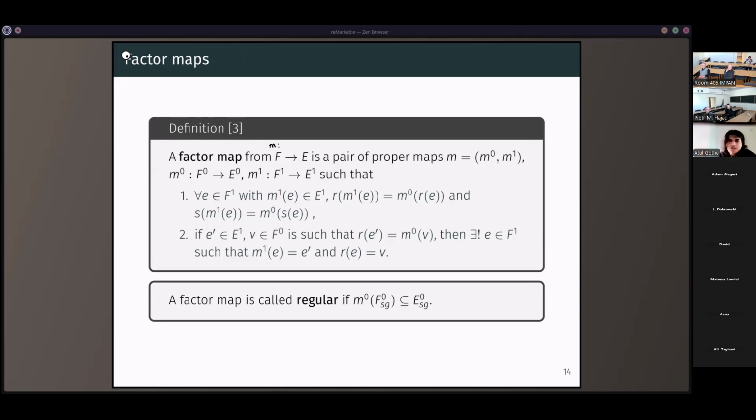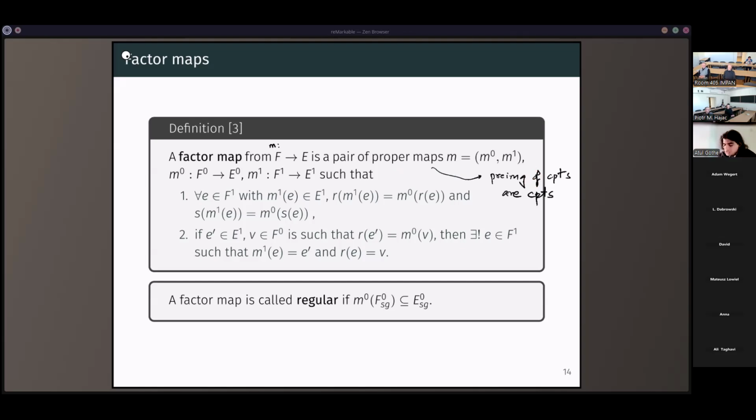Because a graph is composed of two parts, E0 and E1, it's expected that we will need two maps, M0 and M1, which are proper maps. Proper maps mean that the pre-image of compact sets are compact. So I'll just write it down just in case. So M0 and M1 are proper.